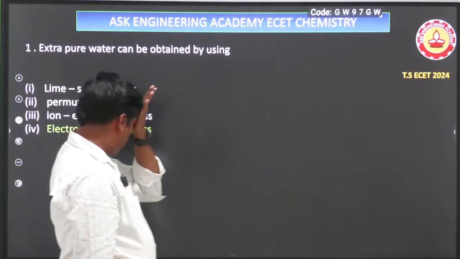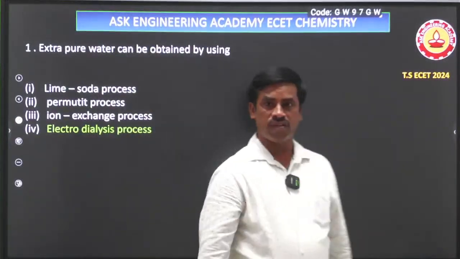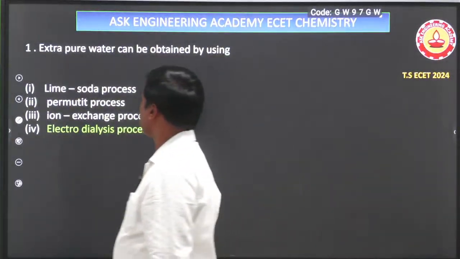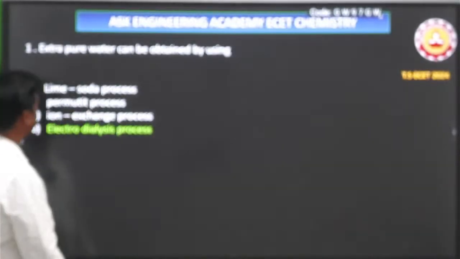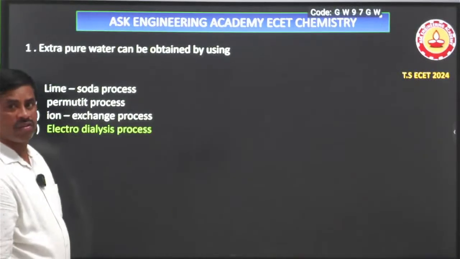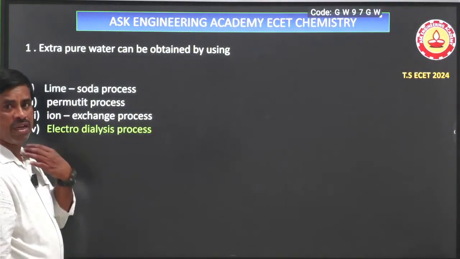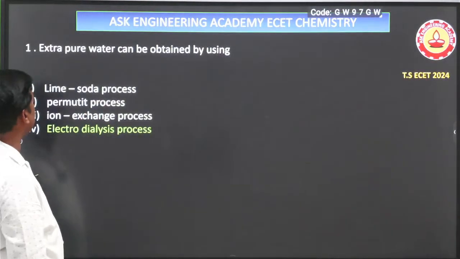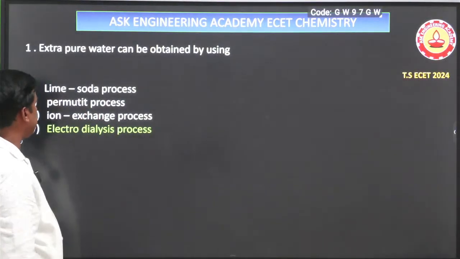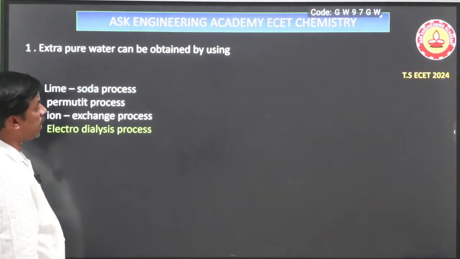Next, here is a simple question you can say for the ECET examination, previously given. Extra pure water can be obtained by only the electrodialysis process. Here the lime soda method is not getting extra pure water and the permutit process also is not getting extra pure water.